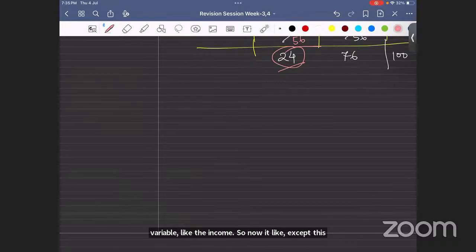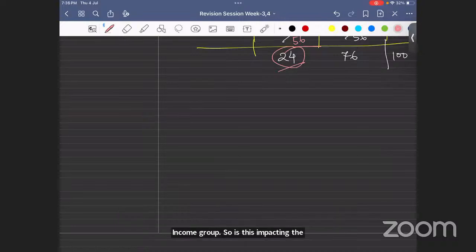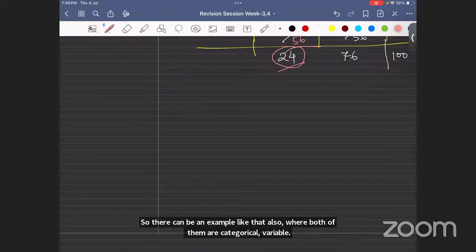If somebody belongs to a higher income group, a lower income group or a medium income group, is this impacting the ownership of the smartphone? So there can be an example like that also, where both of them are categorical variables: the first one is the high, low, medium income group, and the other is the ownership of the phone.